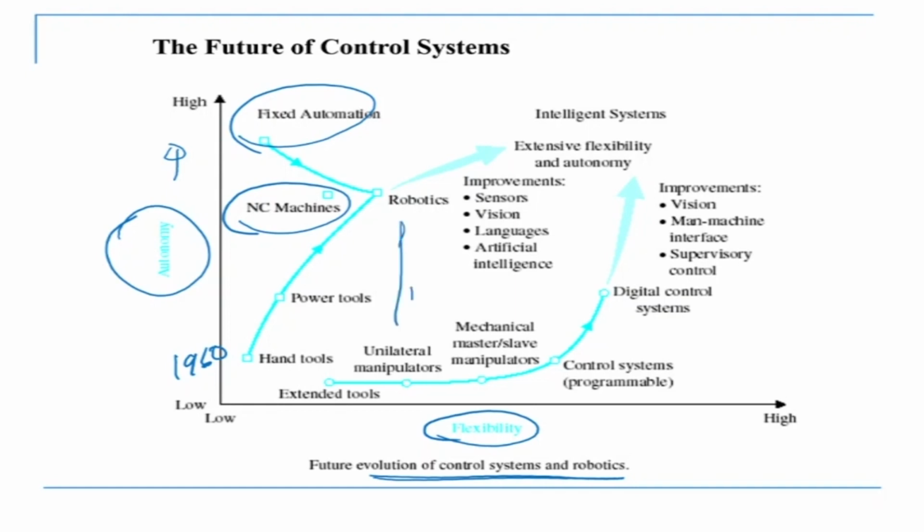In the 1970s we have robotics, and the direction in which all these systems are improving is through improvements in sensors, vision, language, and AI, moving towards intelligent systems. Intelligent systems would mean systems which can take decisions by themselves and listen to higher level commands, and that is the direction in which control systems have evolved over the years.